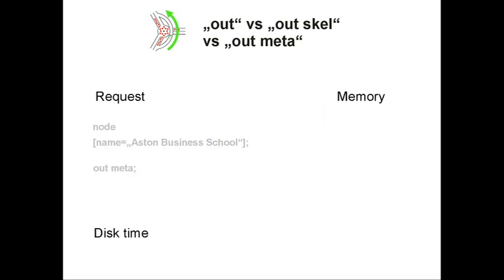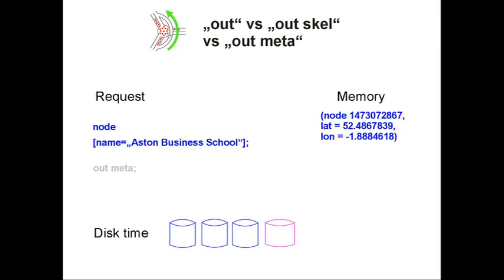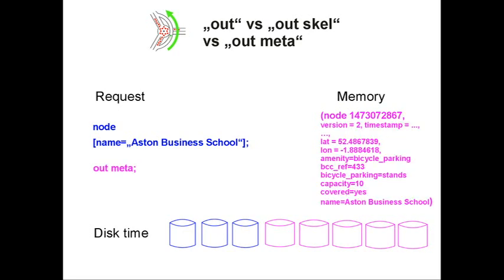By contrast, if we output also meta information, the whole request is served even slower. This is because the meta information is quite large and it takes a really lot of time to collect it from the hard disk.